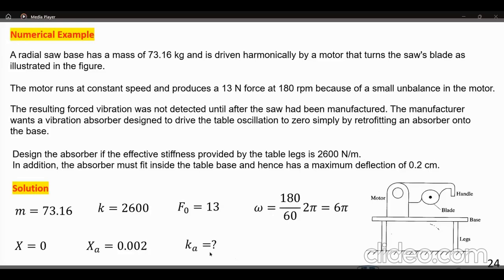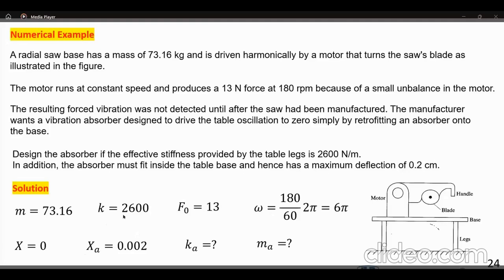So the question is: what is Ka and what is Ma? Let me remind you, when we did this, we had two stiffnesses involved. I don't want to back up, but you can back up the video. When I started talking about the vibration absorber, there are two cases involved here. One is for the table and the machine, which was called K1.